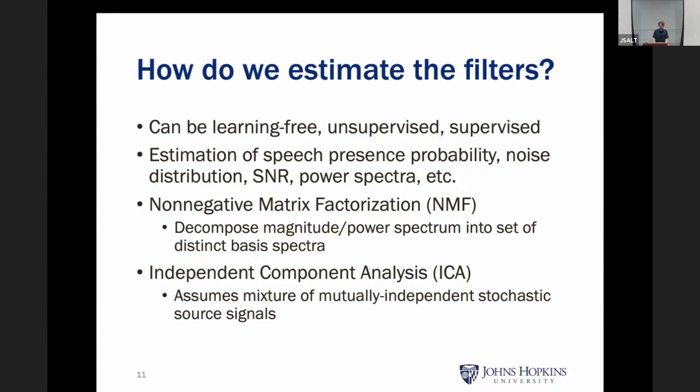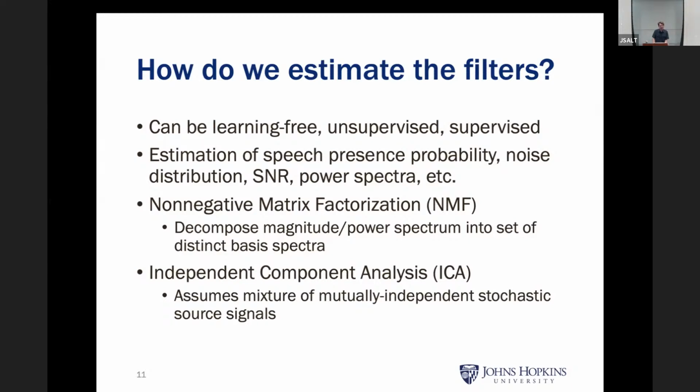And then some things people do: you can estimate speech presence probability, that is, what is the likelihood that an STFT bin is going to have speech? You can estimate the distribution of the noise, maybe the signal to noise ratio, the power spectrum of the speech. There are a lot of different things you can estimate and approach these problems from.